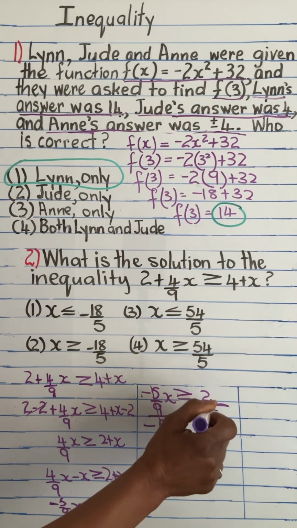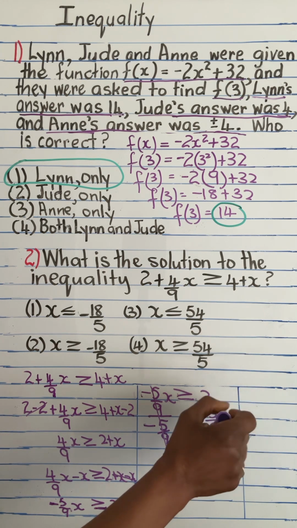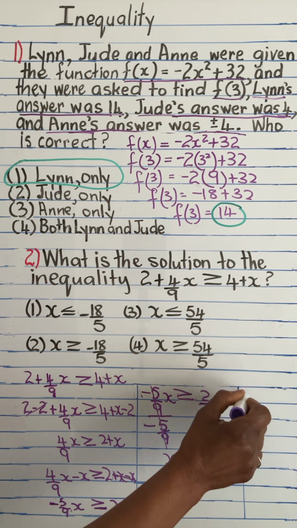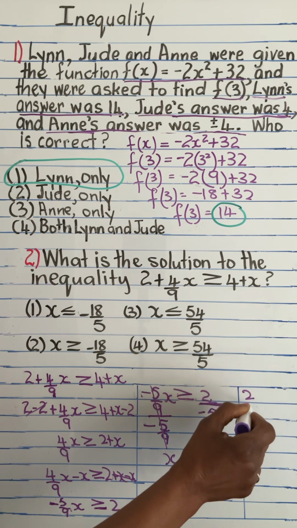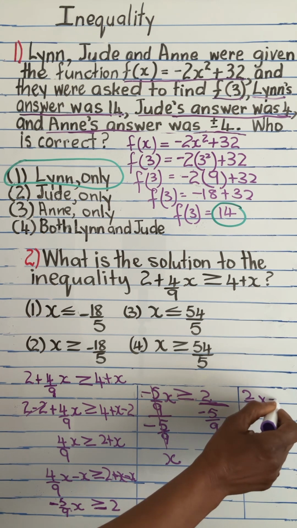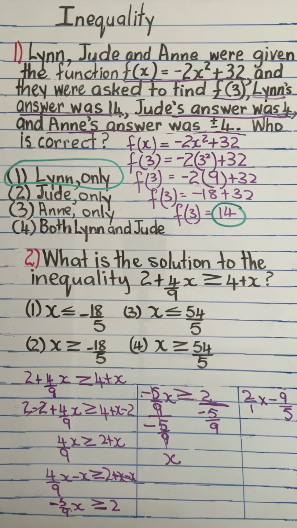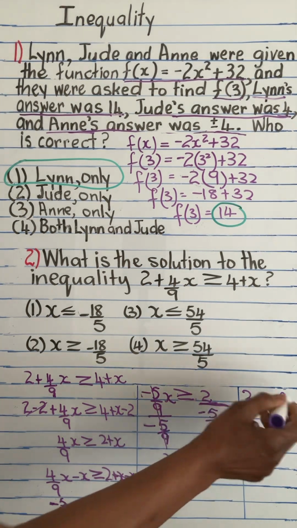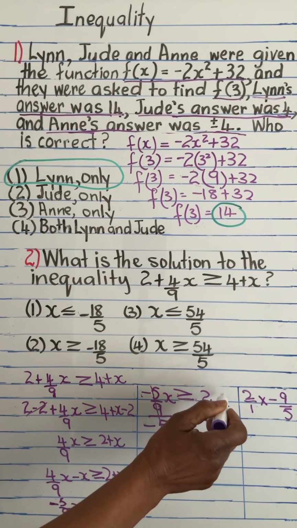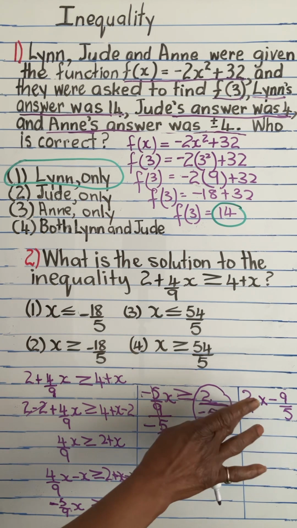So 2 divided by negative 5/9 is equal to 2 over 1 times negative 9 over 5.